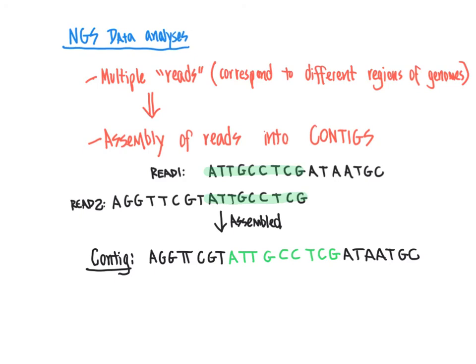In the case of the human genome, that would correspond to one of our 23 chromosomes. In the case of bacteria, bacteria generally only have one chromosome, often that's a circular chromosome. And so if we were able to assemble a contig that represented the entire genome, that would be one continuous contig from that bacteria.